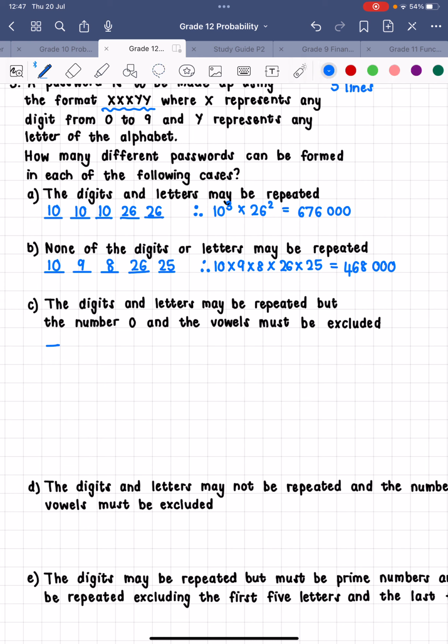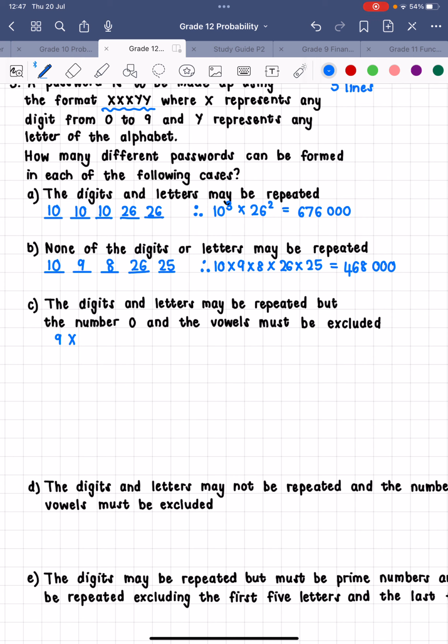So now, can we actually do this one without lines, guys? Yes. Can we think? It's 5, right? 3 numbers, 2 letters. How many options do I have for the first number now? 9 times 9, but they're saying they can be repeated.